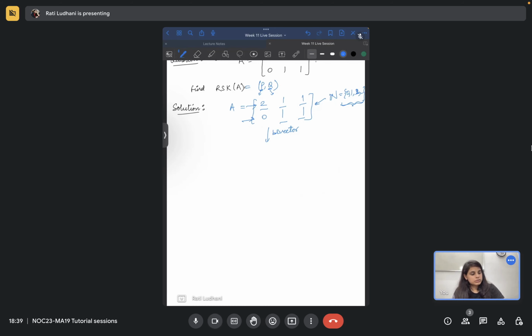Now you write the position of this number. Position means this will tell you the row number, and this will tell you the column number. So 2, what is the position? A11, that means the first row and first column. So this is the position.